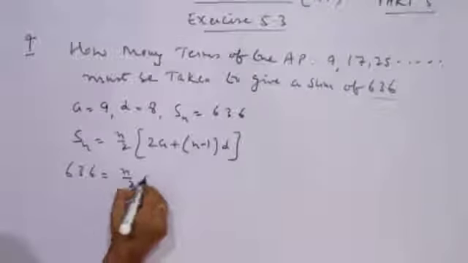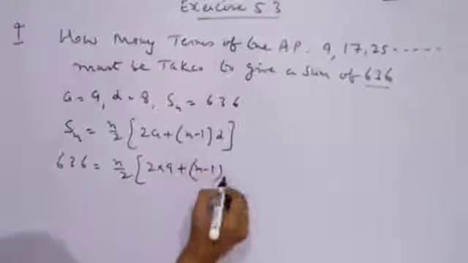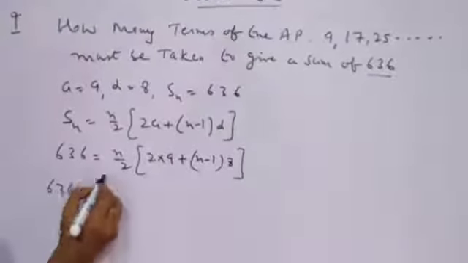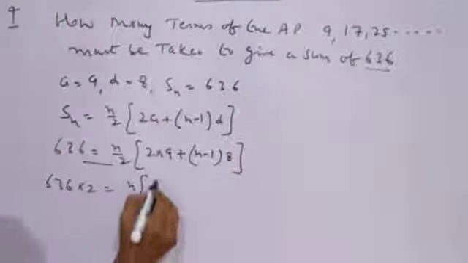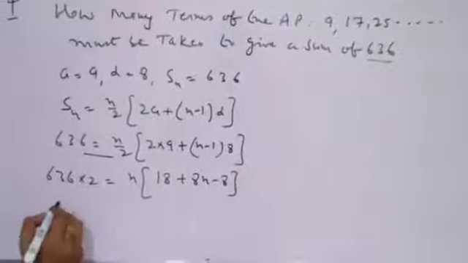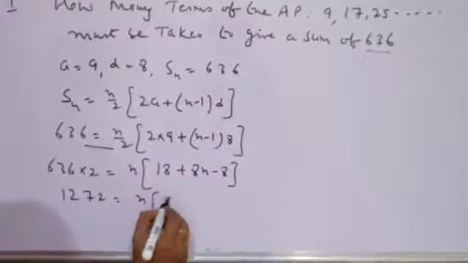636 is n by 2, 2 into 9 plus n minus 1, d is 8. 636 into 2 is n times 18 plus 8n minus 8, so 1272 is n into 8n plus 10.